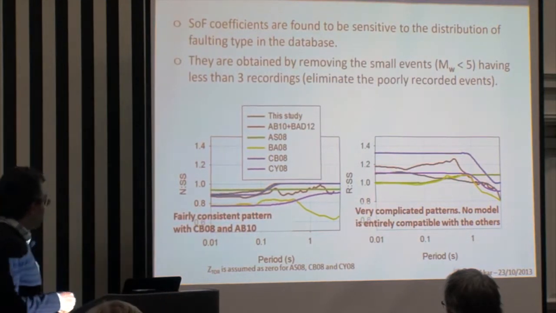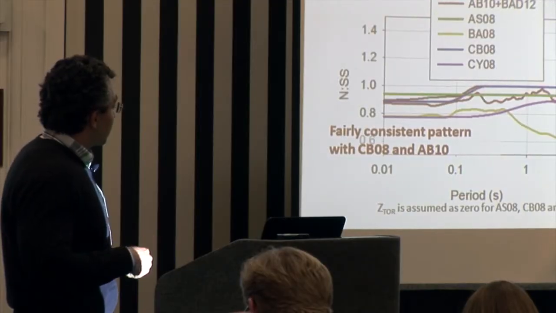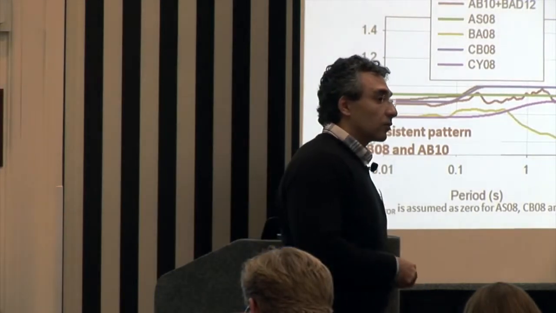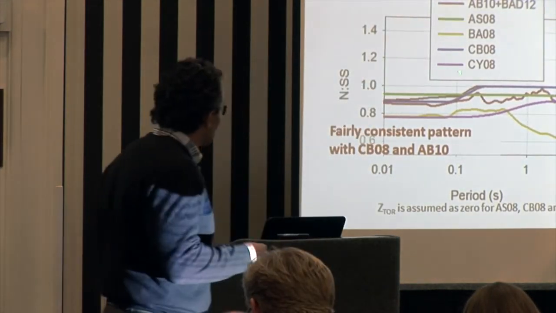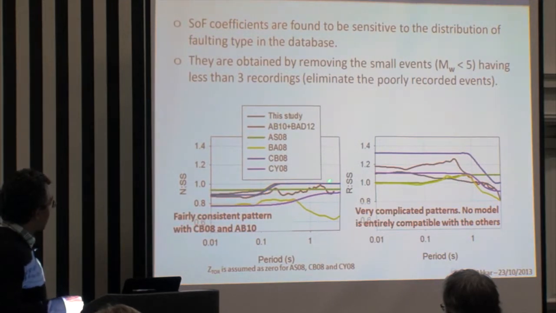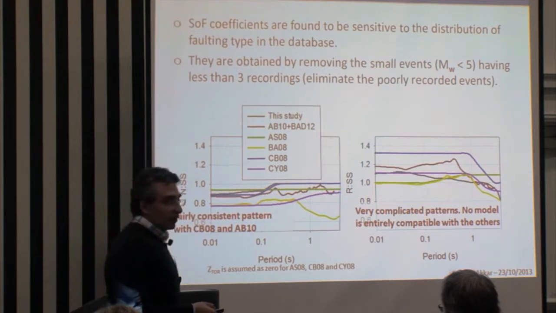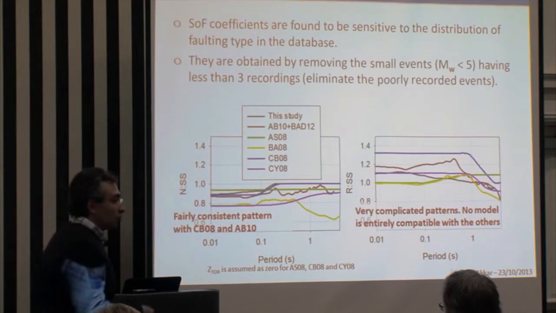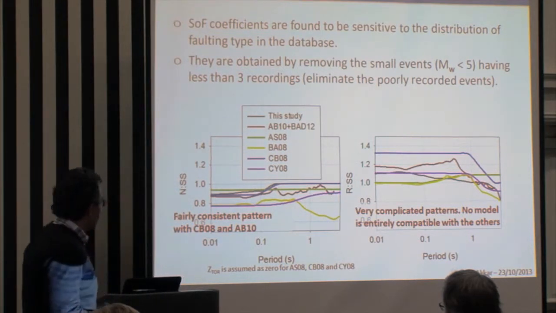Okay, so if you make a comparison of our style of faulting coefficients with the GMPEs produced by the NGA West 1 project, you would immediately realize that our normal to strike slip ratios fit well with the Campbell and Bozorgnia 2008 predictive model, and also fit well with the Akkar and Bommer 2010 predictive model, which is in a way superseded by this new predictive equation.